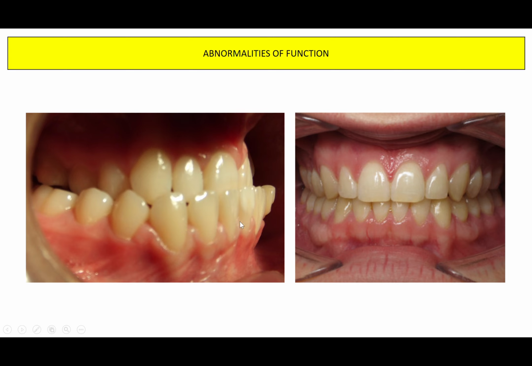Here you can see that there is a crossbite, so the problem will be in chewing. But as compared to that malocclusion, if we look at the normal or ideal occlusion, there will be proper chewing and proper incising of the food. So whenever there is malocclusion, it also impairs the function of the somatognathic system.